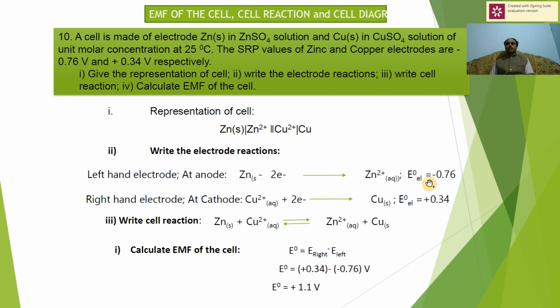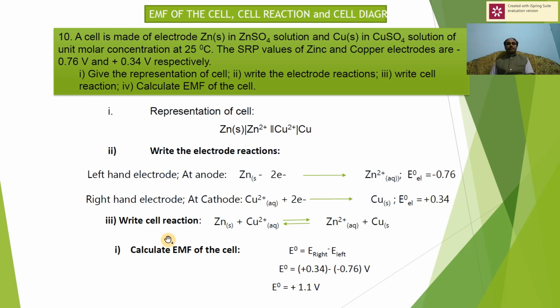The standard electrode potential of this is this. At the right hand electrode, the cathodic reaction where reduction takes place, Cu2+ ion gets 2 electrons from zinc and gives copper, and the standard electrode potential they have given is plus 0.34 volt. You have to write volt here, that you have to correct.